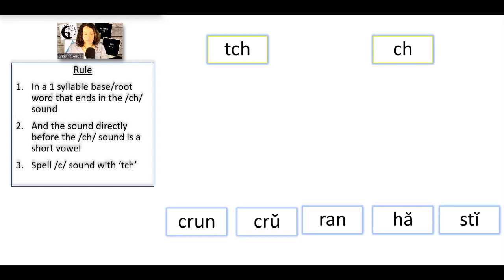So what if we have a base that starts with crun? See at the bottom here? Crun. Would that be a CH situation if I wanted to add a ch sound onto crun? Or would it be a TCH situation? What do you think? Tell your teacher, do I have to add TCH or CH?